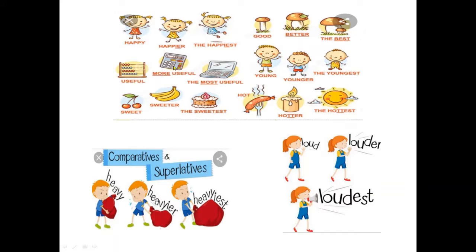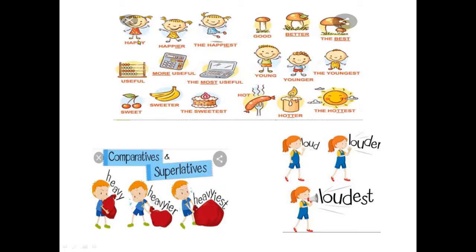Useful, more useful, the most useful. We are going through all these examples which are describing words for the given picture, that is the given noun, and we are reading them in all the three forms, that is positive degree, comparative degree and superlative degree.